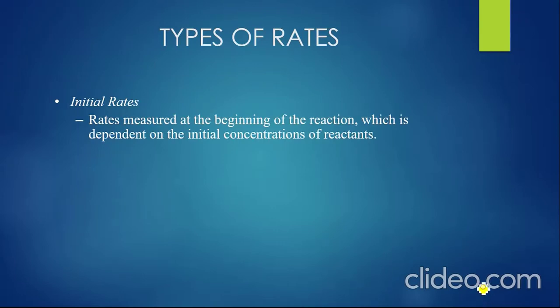Okay, so now let's look at the types of rates, which is very important. We have this special type of rate called the initial rates. So what are initial rates? Initial rates are rates which are measured at the beginning of the reaction, and they depend on the initial concentrations of the reactants.